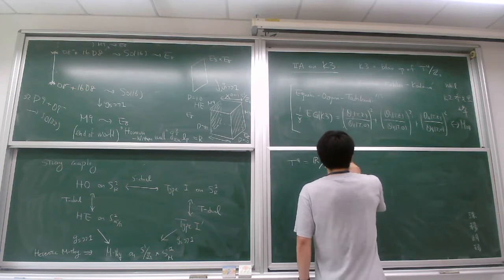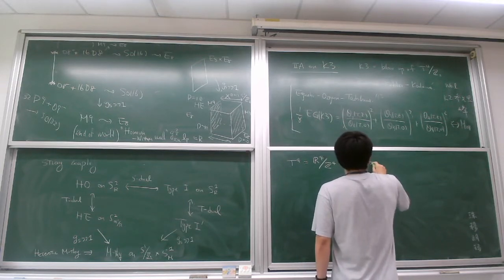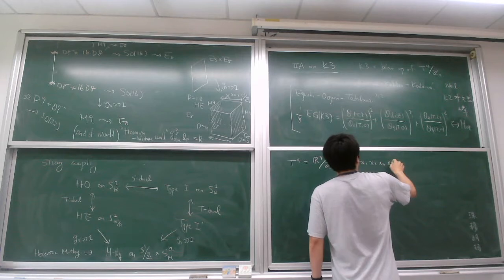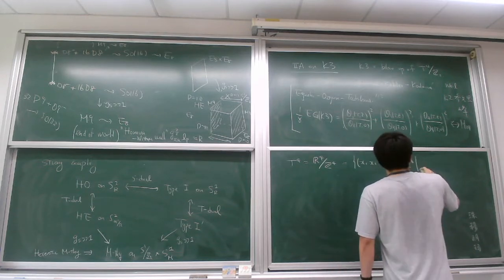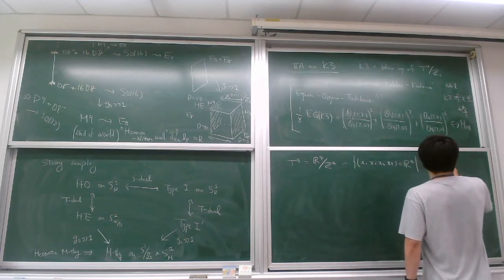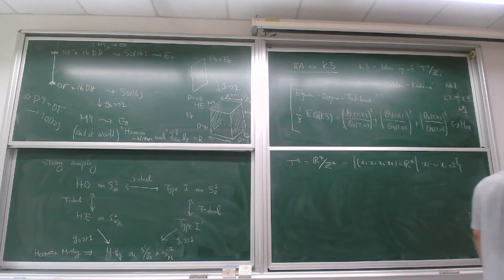This can be understood as coordinates x1, x2, x3, x4 in R4, where you identify each xi with xi plus 1.